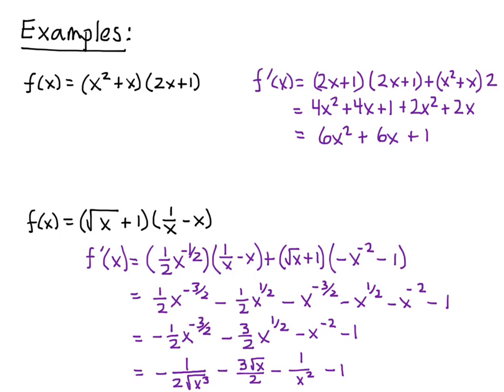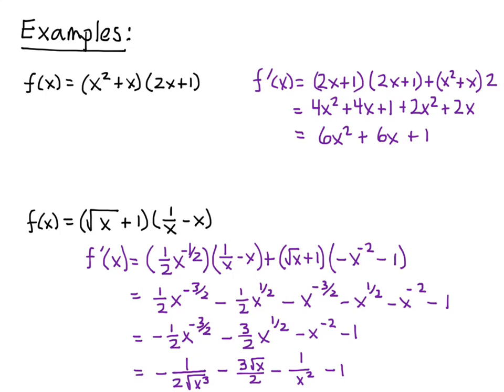If you have the square root of x cubed, that's going to be x to the 3/2. And of course, this is the same thing as the square root of x cubed. So those kinds of rules, go back to your algebra book. I'm going to assume that you have those things down pat.